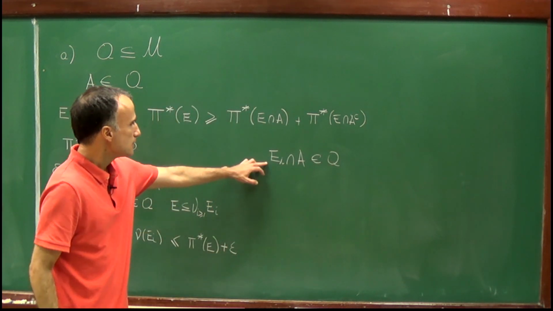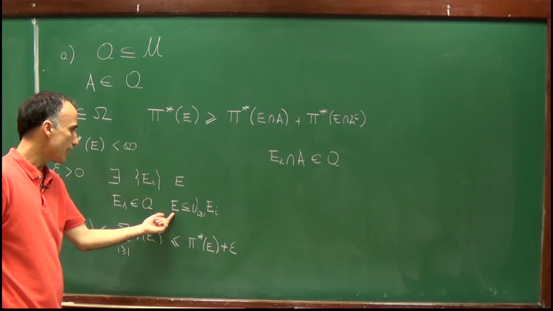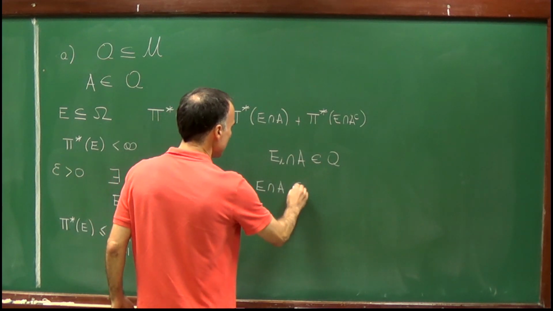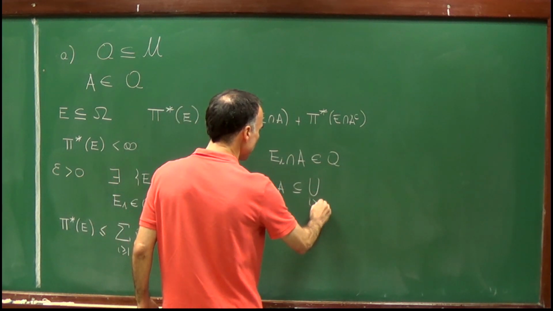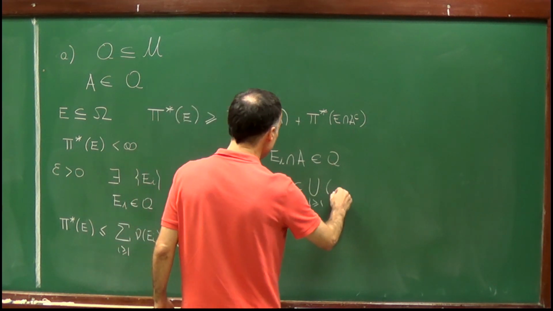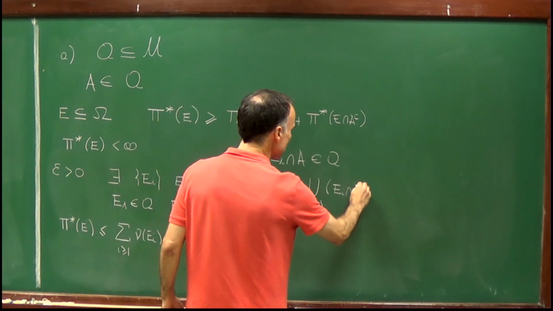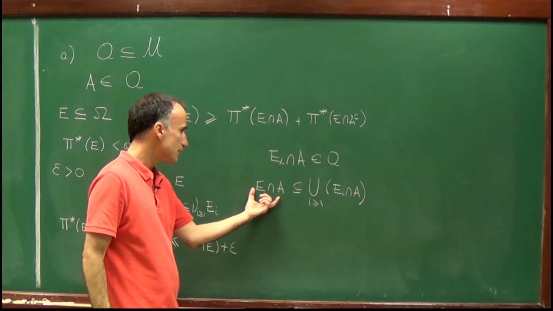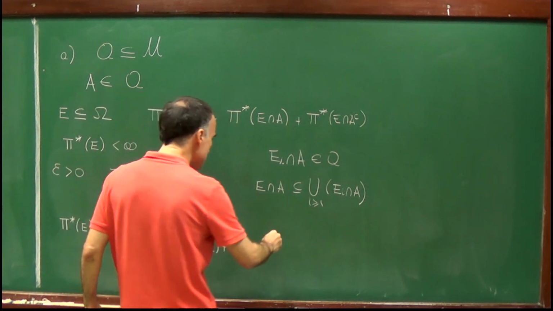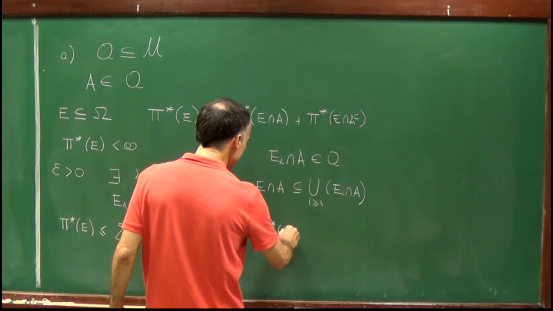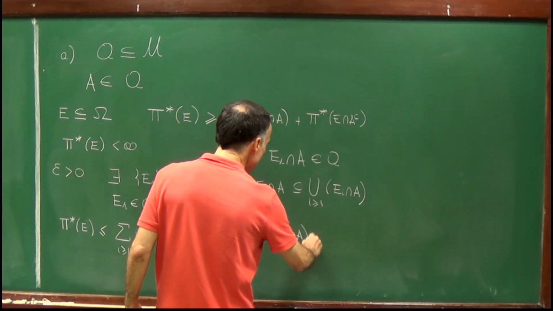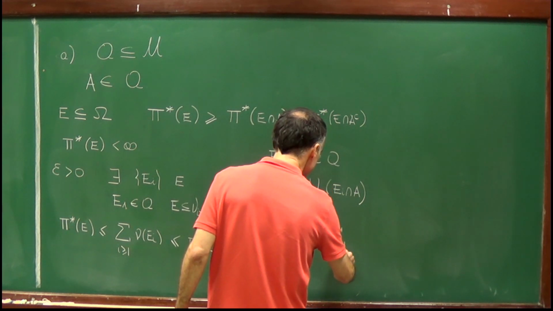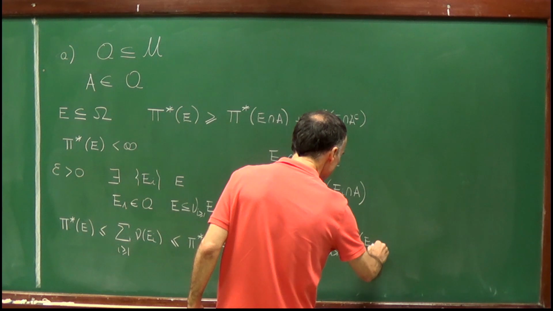And since the union of E_i covers E, E intersection A is also contained in the union over i greater or equal than 1 of E_i intersection A. Therefore, E_i intersection A is a covering of the set E intersection A, which means that P star of E intersection A is less than or equal to the sum of nu of E_i intersection A.